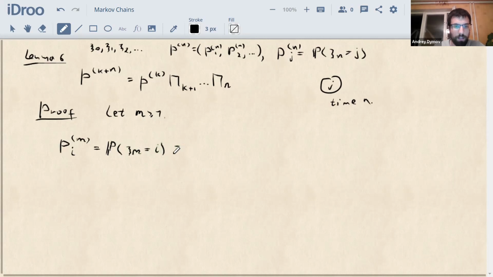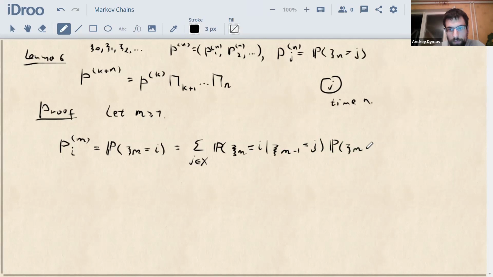But then I can write it as a sum over all j from my state space X of the probability that xi m equals i, conditioning on the event that xi m minus 1 equals j, multiplied by the probability that xi m minus 1 equals j.